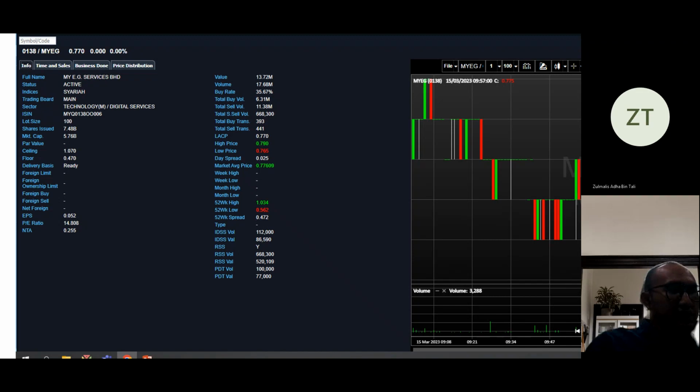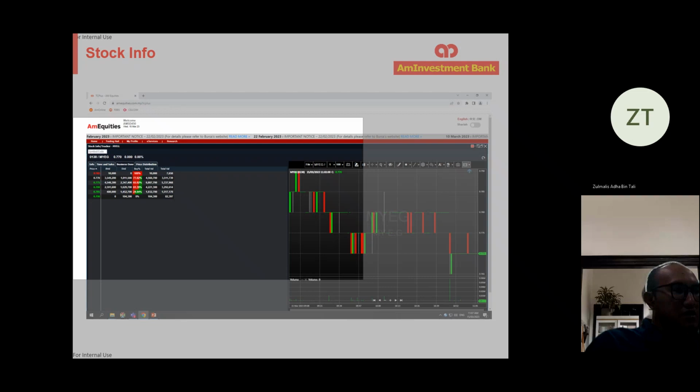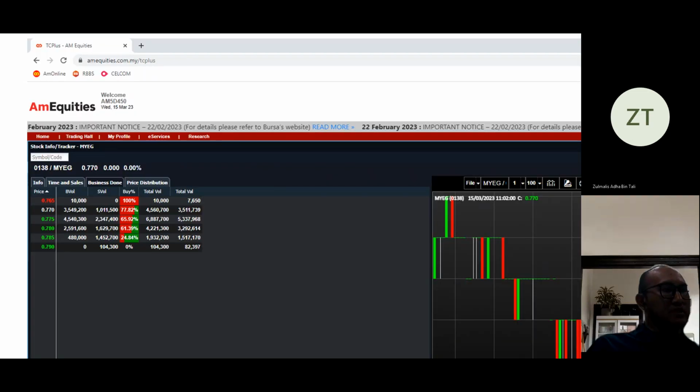If you go to the next slide, under stock info you can check the volume distribution, the business done, and how many were done at this price, 77,775. Basically, you can check under price distribution.